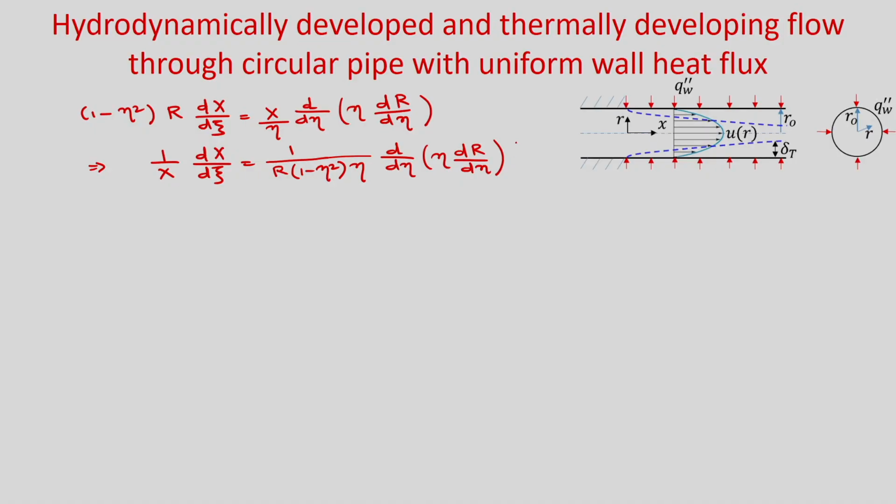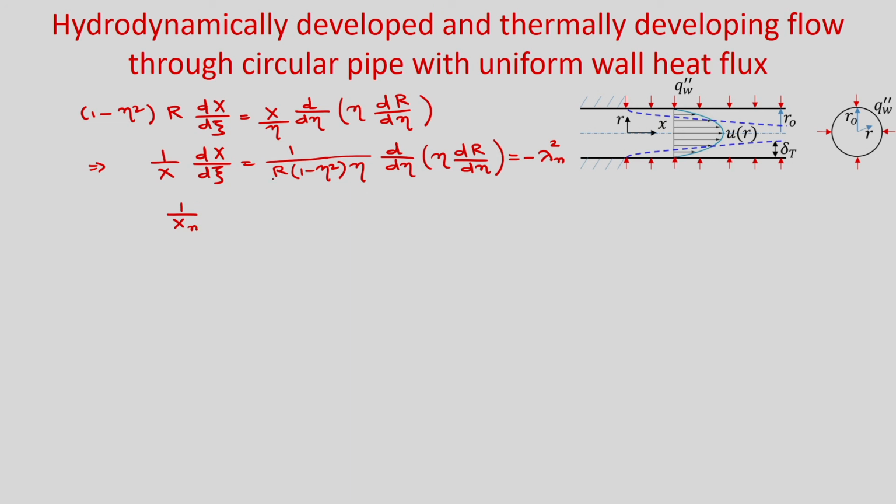So, we will choose the constant as minus lambda n square, where lambda n square is your eigenvalues. So, you can write 1 by x n. For different values of lambda you will get different solutions.